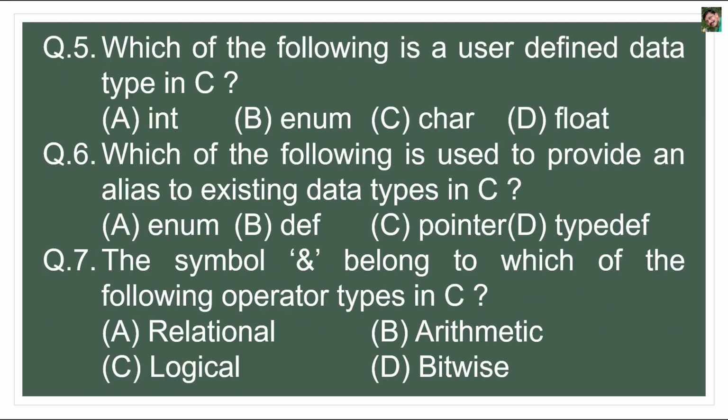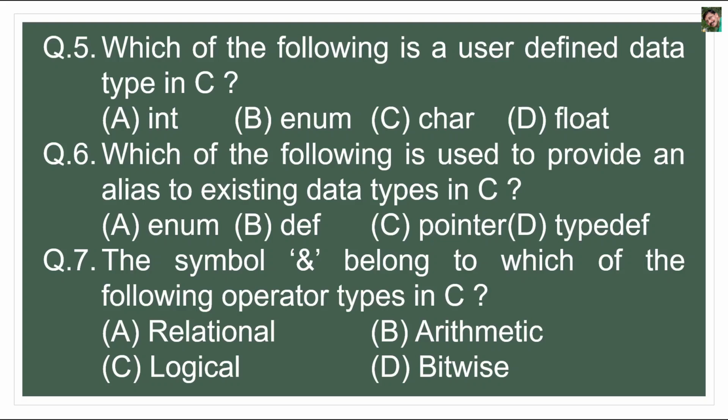Moving over to question 5. Which of the following is a user-defined data type in C? User-defined data type. See, there are some predefined data types like integer, float, character. These are predefined data types which are already available in C. But if you want to create your own data type in C, then you can create it. Even if you don't know the answer, you can make out which three answers are wrong.